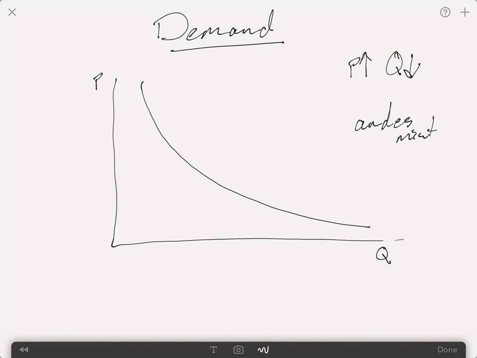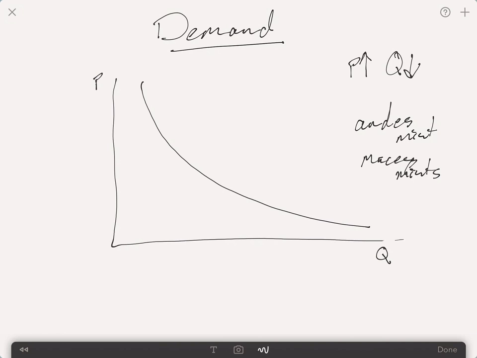If Andes mints are relatively close in price to the substitute good, we'll just call these Macy's mints. If Andes mints are really similar in price to Macy's mints, we're going to purchase more of the Andes mints because we like them more. But if Andes mints increase in price, then we're going to substitute away from Andes mints to Macy's mints.